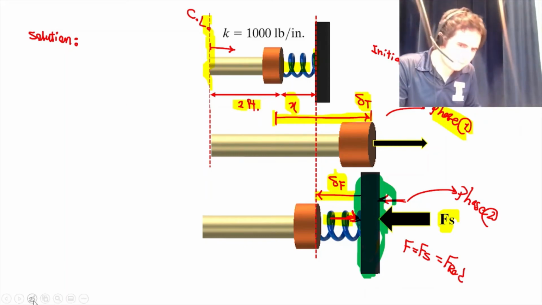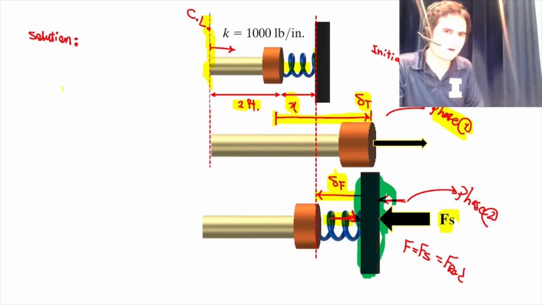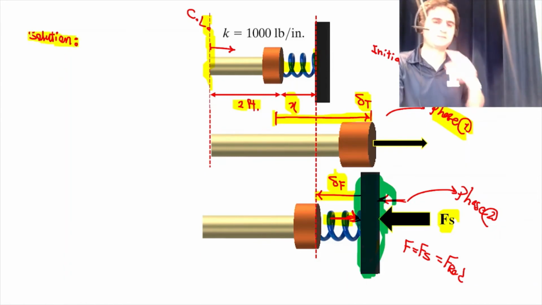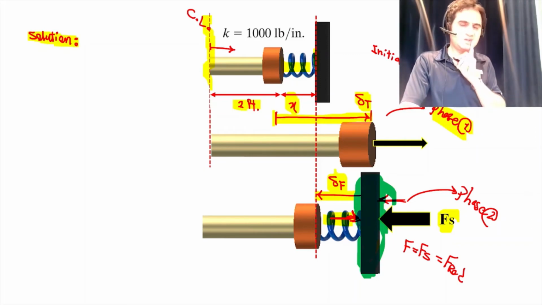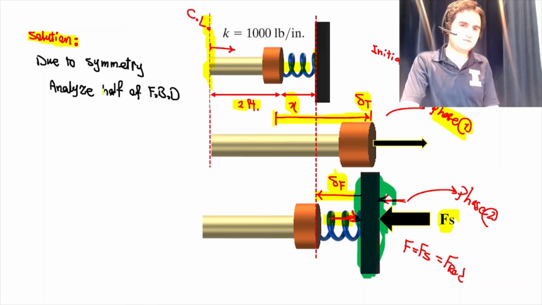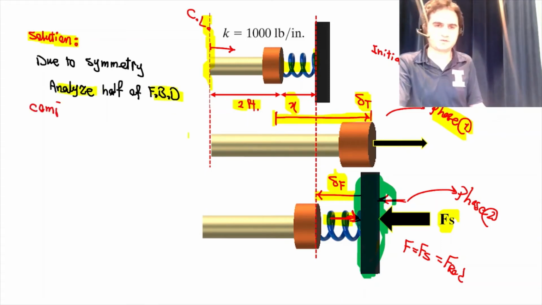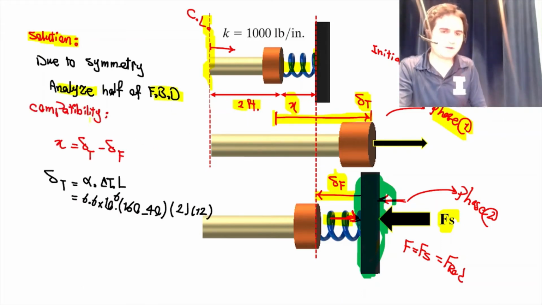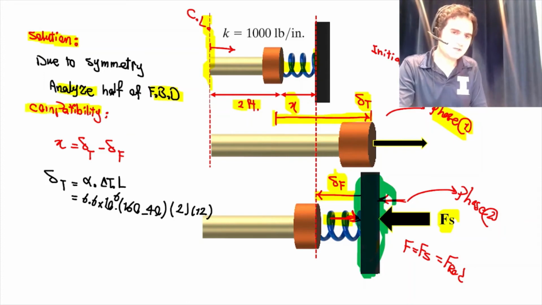Let's approach the solution. Again, due to symmetry, we analyze just half of the free body diagram. Then we apply compatibility, which is key to solving this kind of problem.